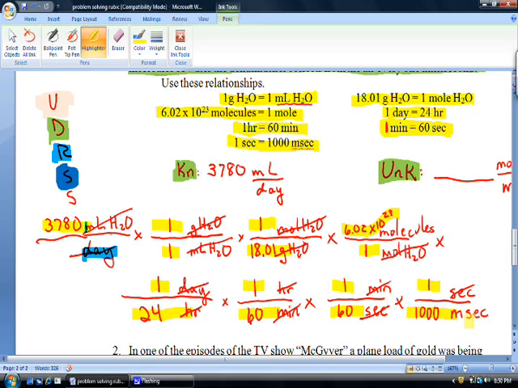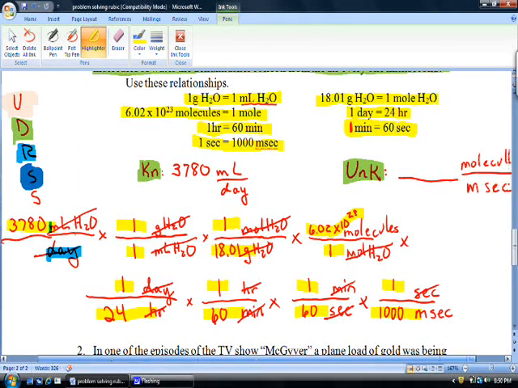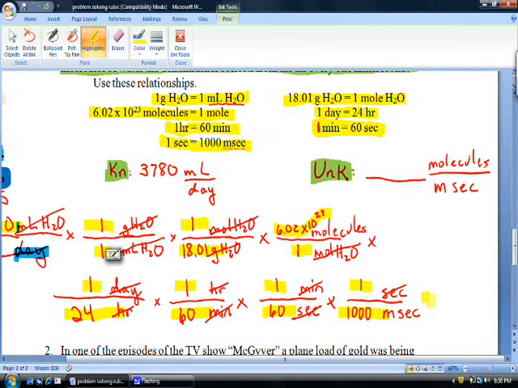And my answer will be, are you ready? Do you have it? Well, the answer will be, of course, we've got to have the units right. The units are a really important part here. Of course, the units are molecules per millisecond.